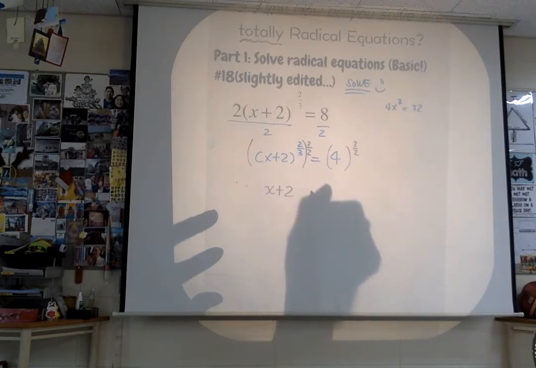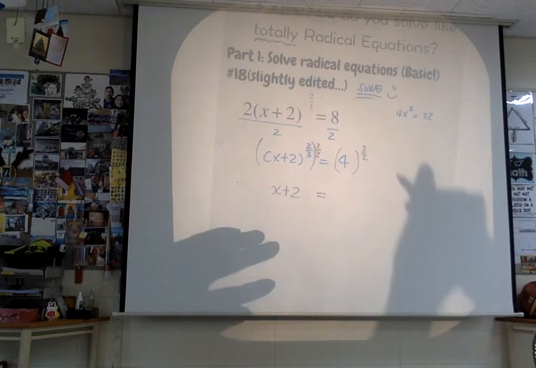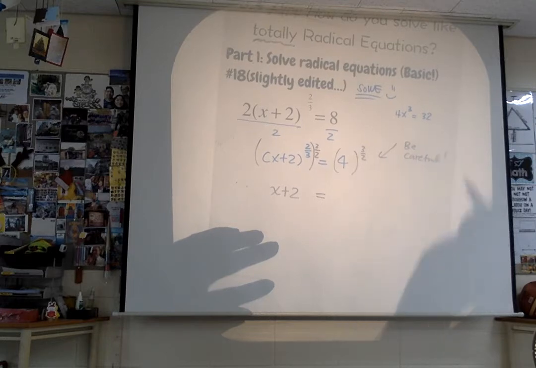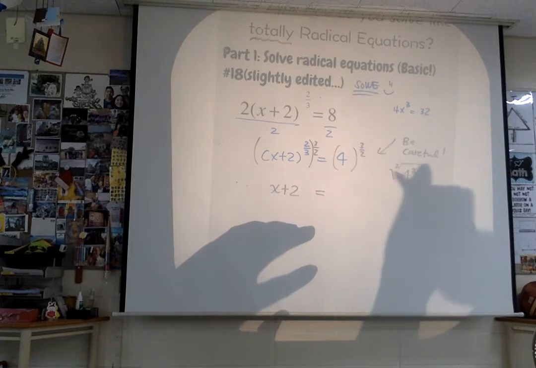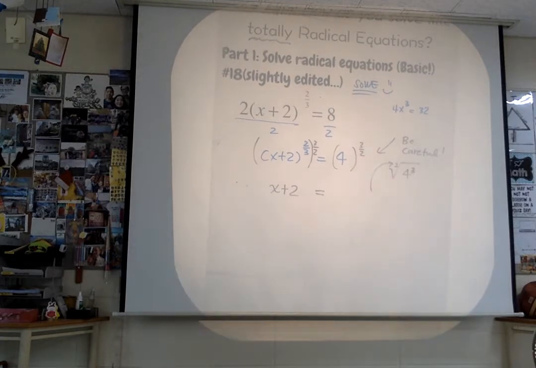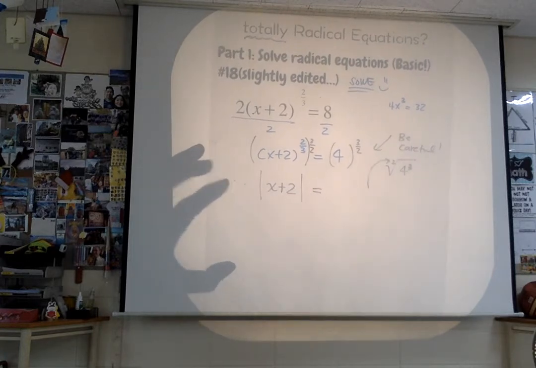Now, be careful here. Isn't this actually 4 cubed, squared? What do you have to ensure when it's an even root? You have to consider both cases.